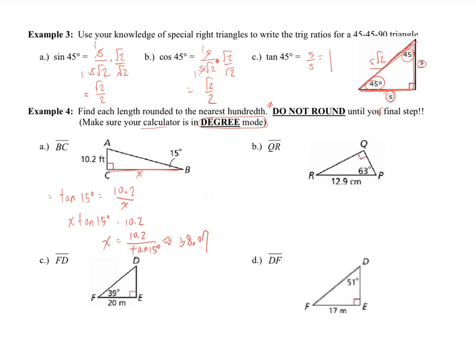as your approximate length. And for part B, we need to find QR. So QR is the opposite of angle P, and we're given the hypotenuse, so we can use sine. Sine is defined by opposite over hypotenuse.